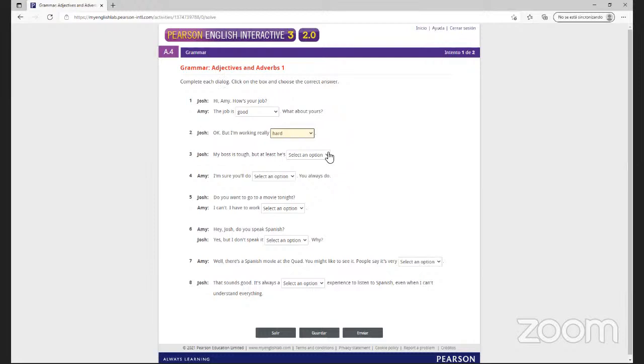My boss is tough, but at least he is fairly. No, in that case it's only fair, because you are saying he is fair, right? So you don't have an action before or after it.